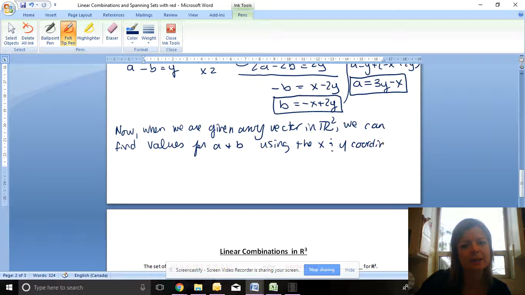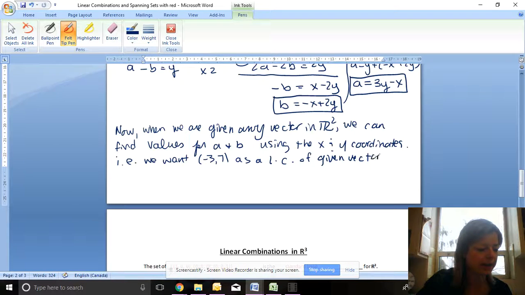So let me do a quick example to show what I mean. Okay, so let's say, for example, we want (-3, 7) to be written as a linear combination of the given vectors. Okay, so that's the (2, 1) and the (-3, -1).